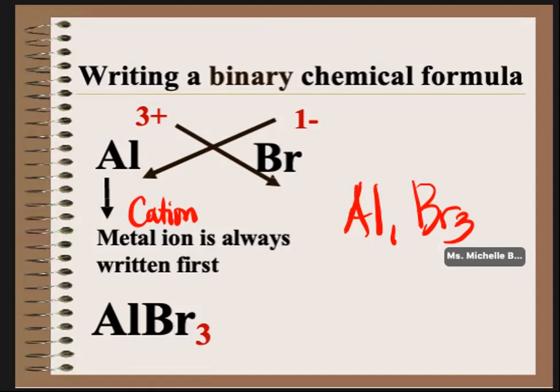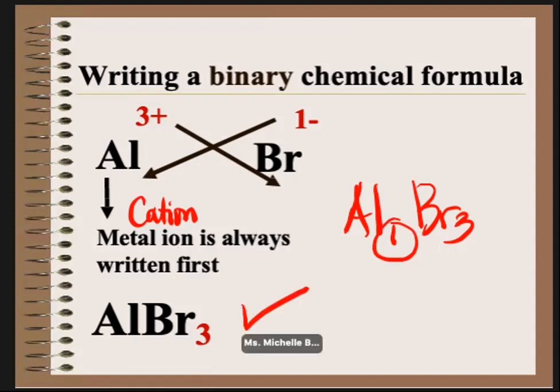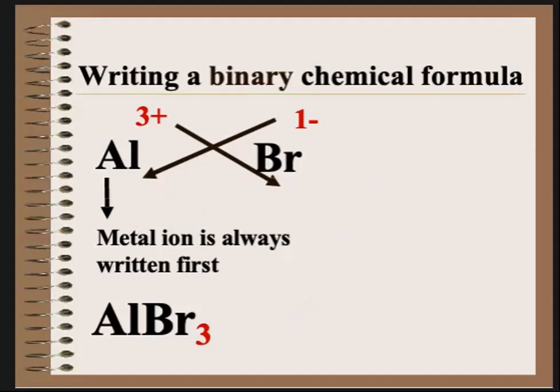We don't write any more 1. Therefore, the formula is AlBr3. What are the ions used here? Positive 3 and negative 1. Next, I hope that's clear to you. I hope you can recall what you have learned in grade 9.